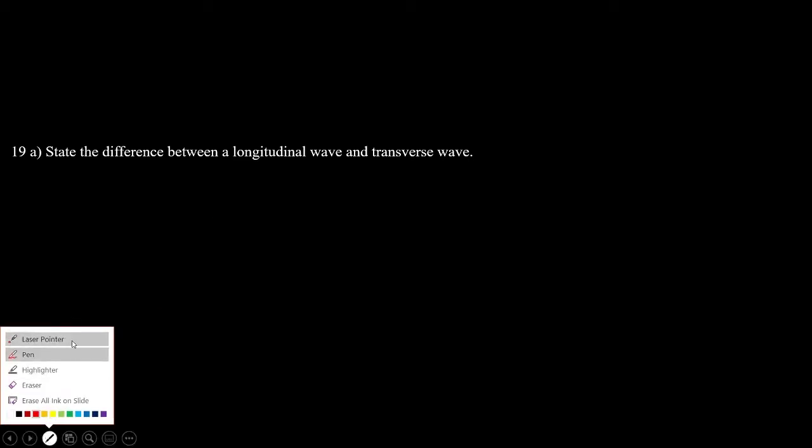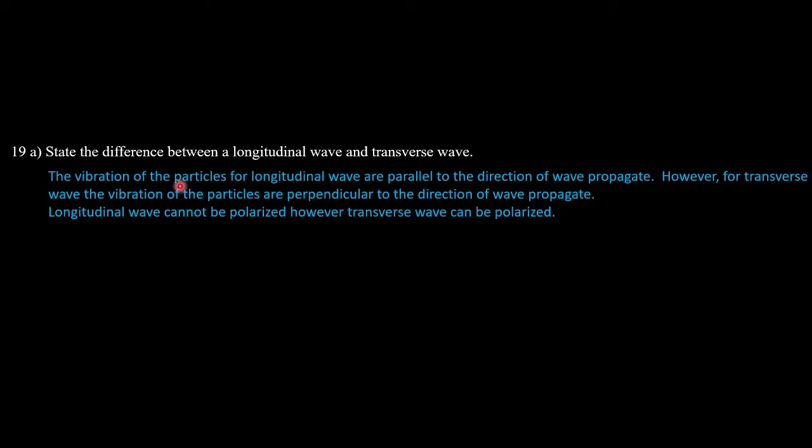So for this one, the differences, the first is the directions of the vibrations of particles and the directions of wave propagates. So the first mark is for the longitudinal wave, we know that the vibrations of particles is parallel to the directions of the wave propagates.